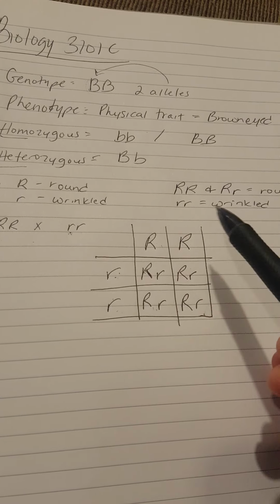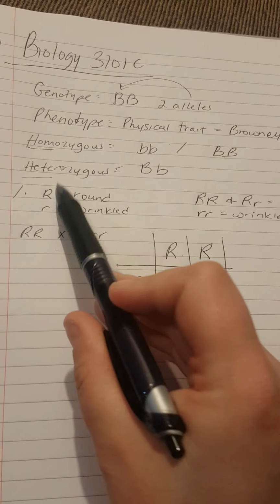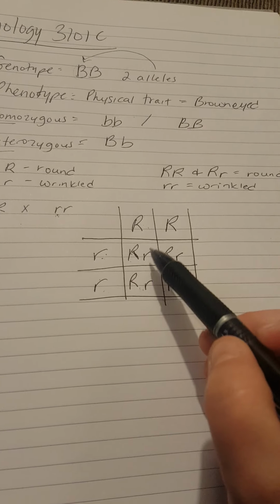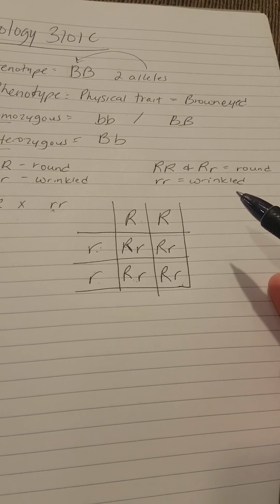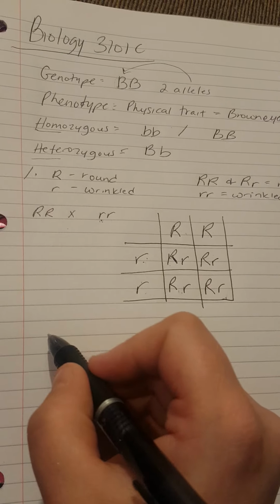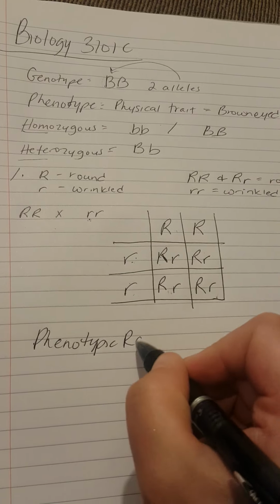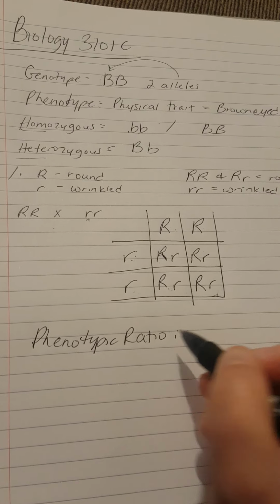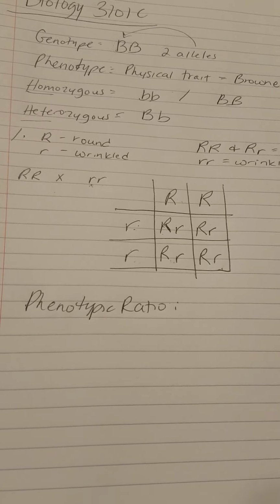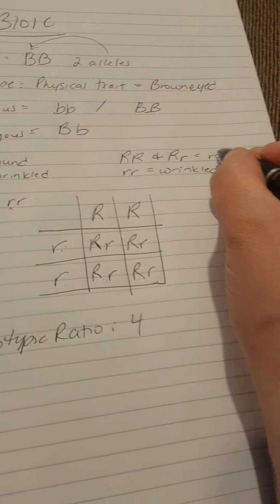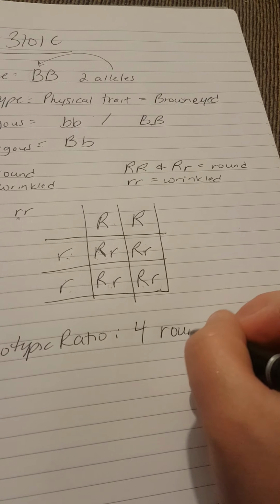If I look at my key, they're all what we would call heterozygous because they have one of each. And because the big R is dominant, and in this case round is dominant, my phenotypic ratio, remember phenotype describes the physical nature, is 1, 2, 3, 4 round peas.